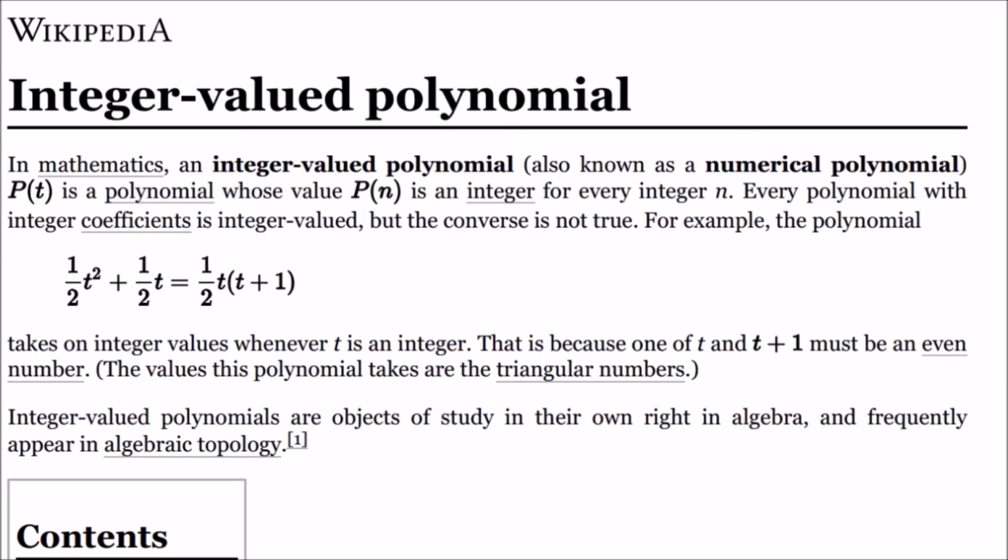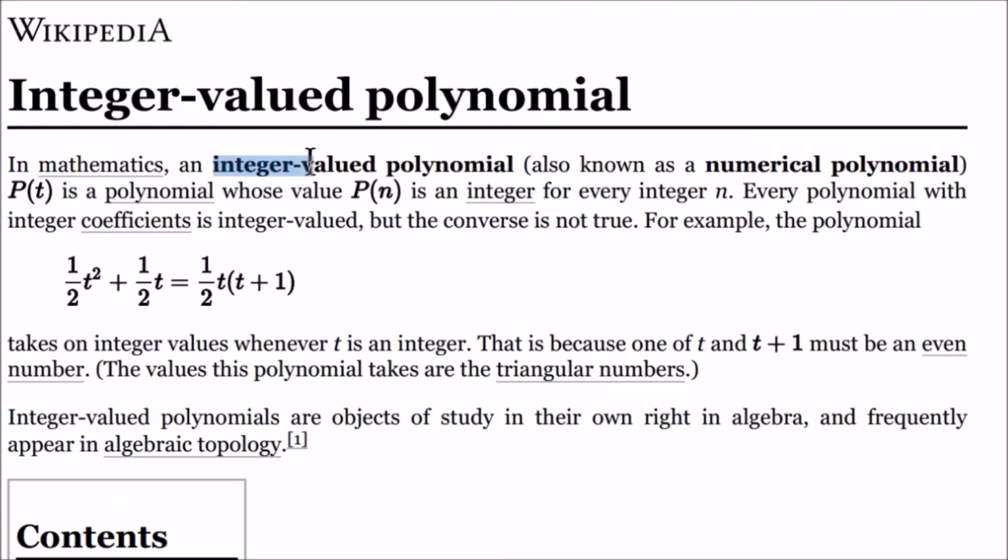Also called numerical polynomials, they are a larger set than polynomials that have integer coefficients in the canonical representation of coefficients multiplied by each power and summed together. If you have integer coefficients and integer arguments, you are always going to have an integer value at all integer arguments x of f of x.